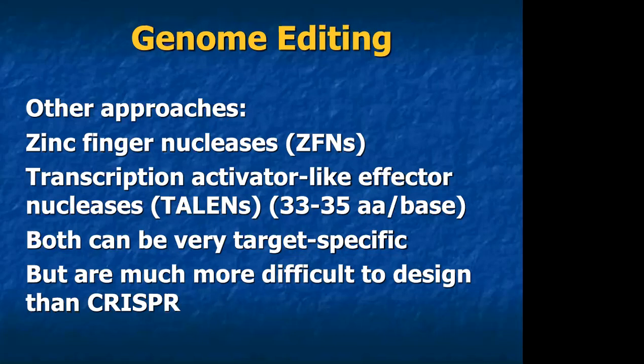With BRCA, you could generate cells that would be highly unlikely to develop into cancer, but you'd still have a reservoir of other cells present that would have the mutation. And so the question is, how do you get rid of that reservoir of cells?